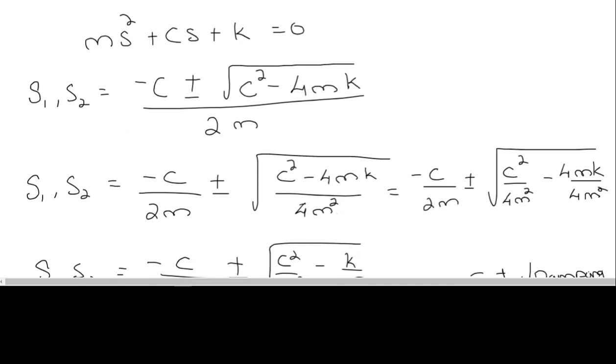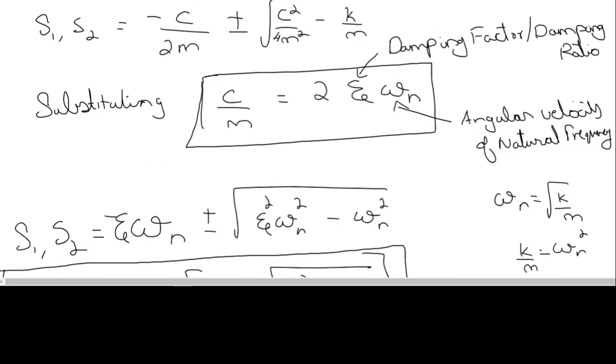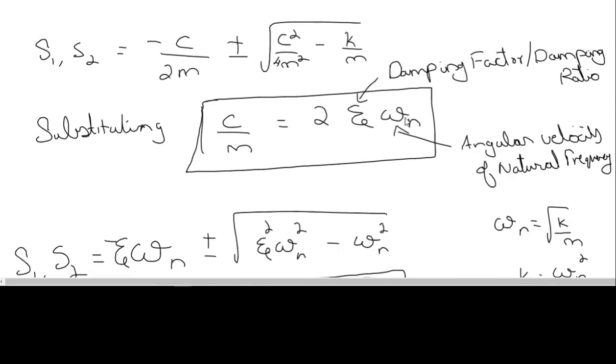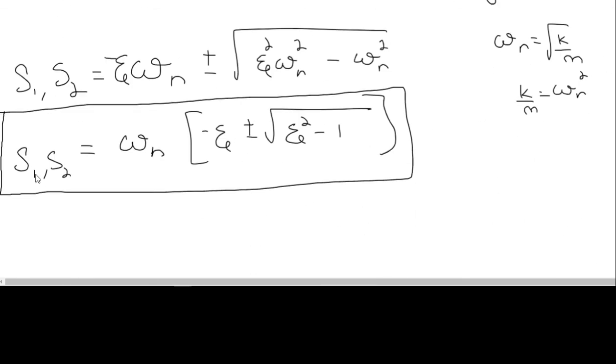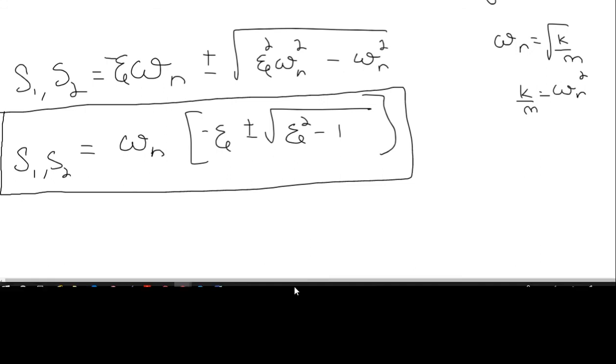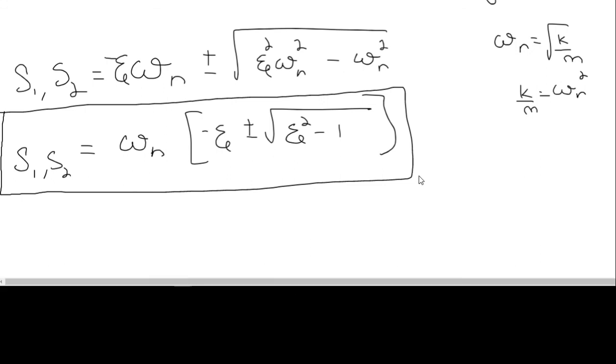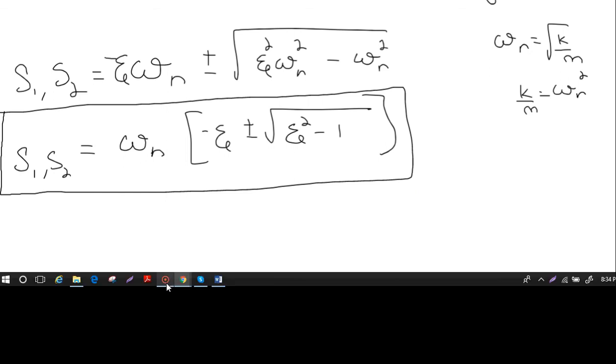And solving that equation, you will get this equation, and this c over m is equal to 2 epsilon omega n is another equation that is to be used for numericals. And finally solving, we will get s1 comma s2, that is roots of that equation as omega n into minus epsilon plus or minus root of epsilon square minus 1. So we will continue with this, as what are the conditions of over damping, under damping and critically damping conditions.